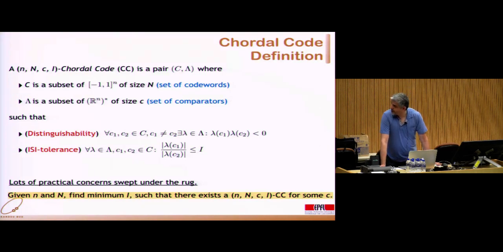So the fundamental question is, if you have little n and capital N, find the minimum ISI ratio I such that there exists such a code. The number of comparators from the start is perhaps not so important. Eventually it becomes important.